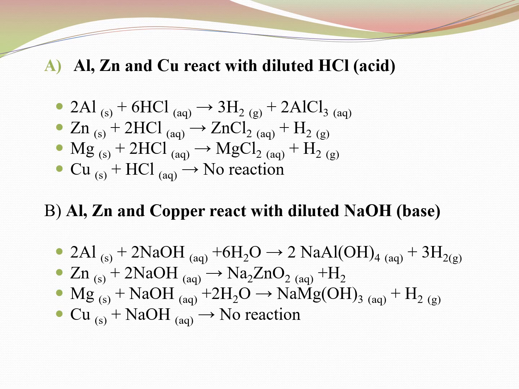So the four metals that were used in the practical: aluminium, zinc, and magnesium are the ones that reacted with the strong acid that we put in the test tube. So all three are reactive metals: magnesium, zinc, and aluminium.